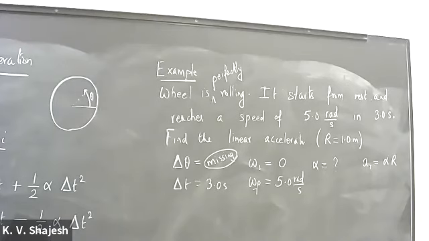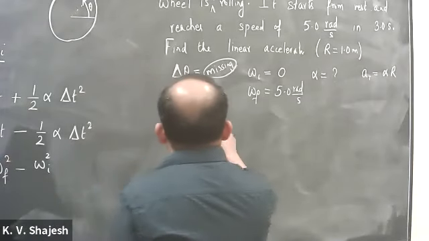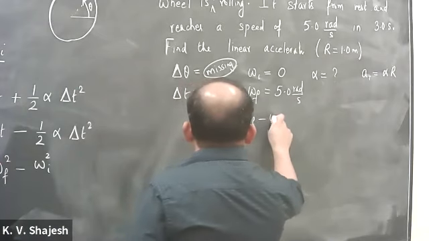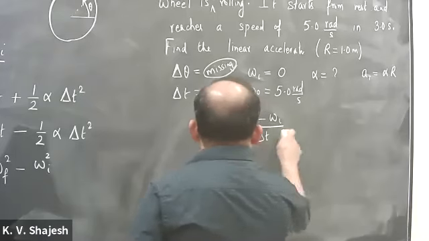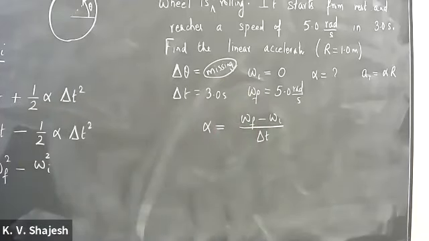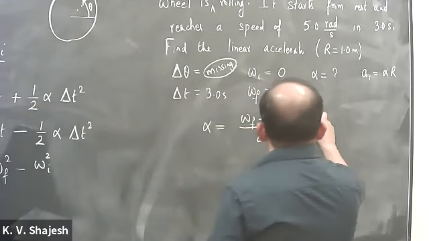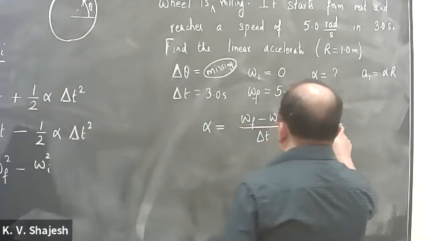And it turns out to be the second equation. So alpha is equal to omega final minus omega initial divided by delta t, that's equal to 5 minus 0 divided by 3.0.